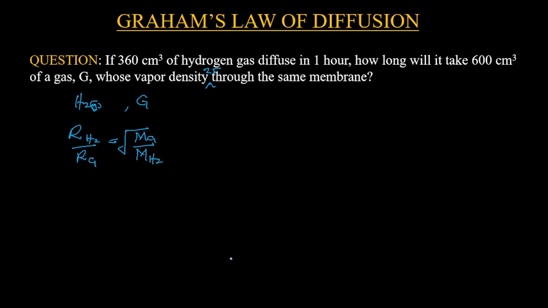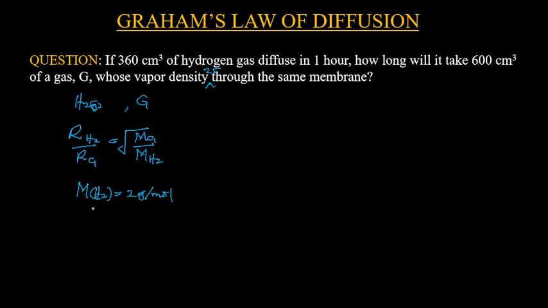Now, with the hydrogen gas, we know that the mass of hydrogen is 1, so H2, the molar mass of hydrogen gas is going to be 2 grams per mole.